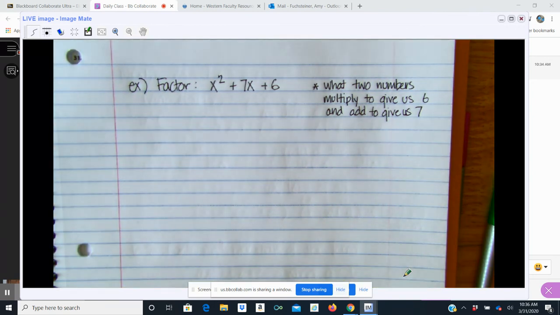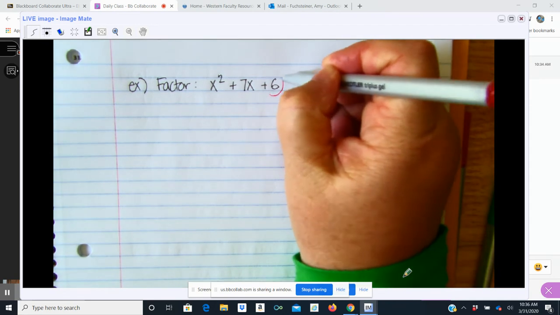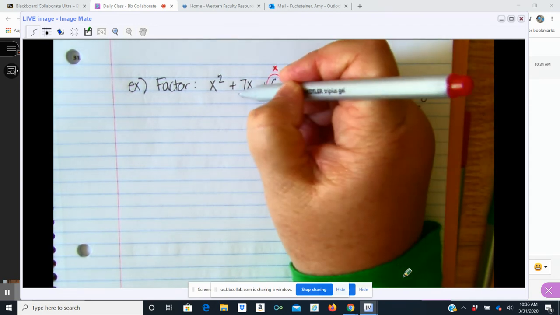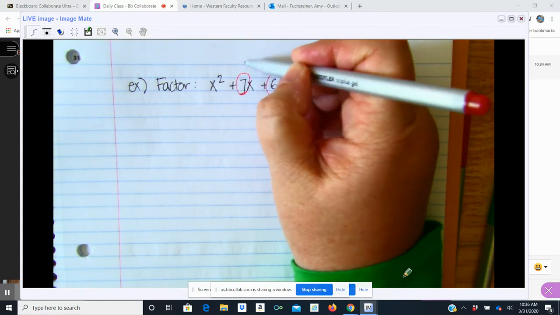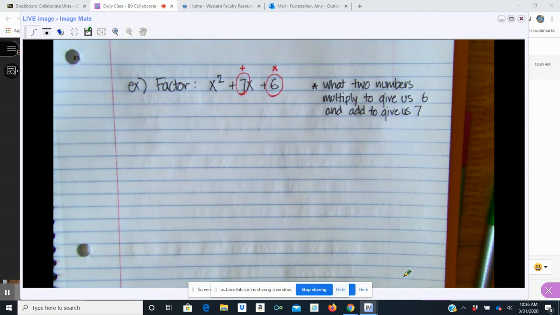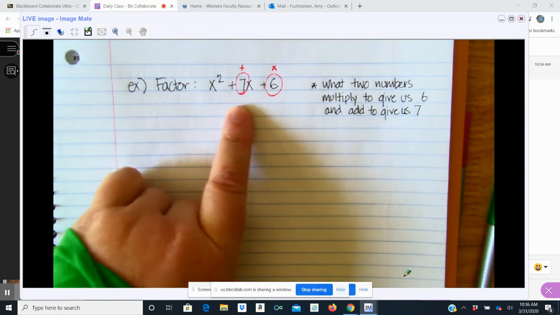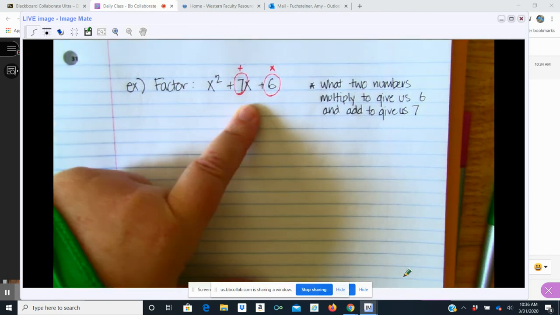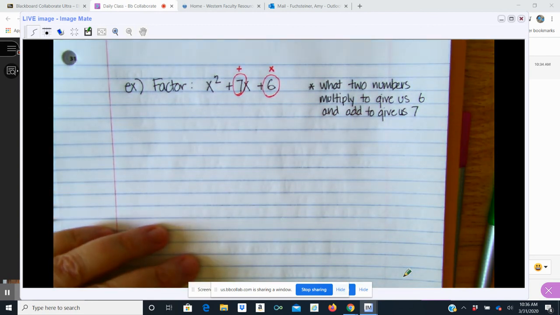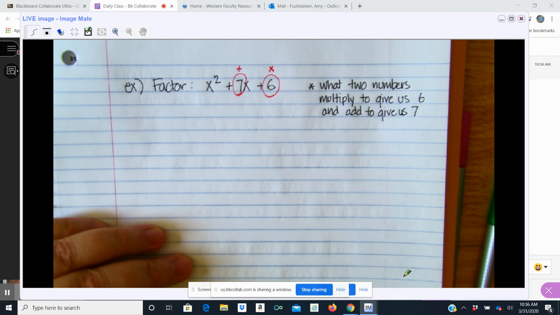This last term was always the multiplication of two numbers. And this coefficient we always got by adding the two numbers. So what two numbers do we know that will multiply to give us 6 and add to give us 7?